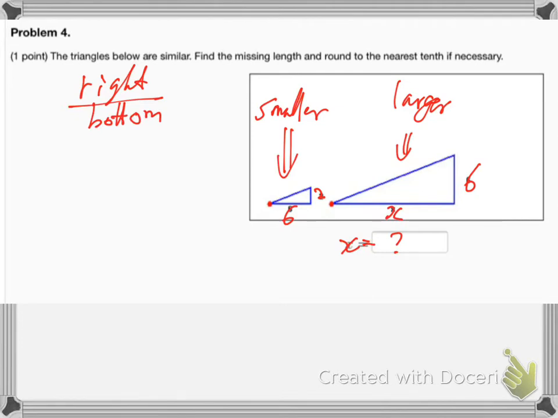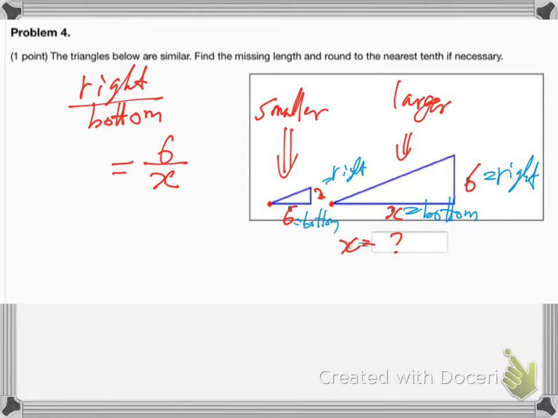If you look at the bigger triangle, what's the right side over bottom side? 6 over x. This is the right side, and that's the bottom side of the bigger triangle. For the smaller one, 2 is the right side and 6 is the bottom.